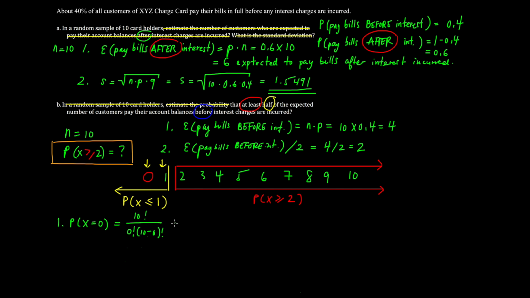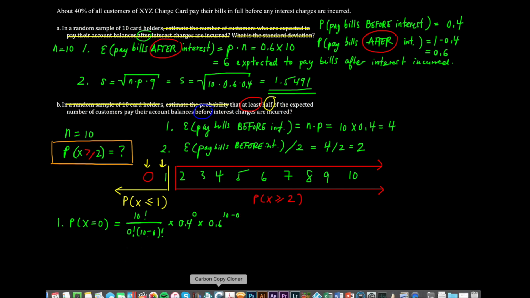Then this is multiplied by the probability of what I'm looking for, my p, my success, which here, because I want the number of customers that pay their accounts before interest, is going to be 0.4, to the power of 0, my x, times my q, which is the complement, 0.6, to the power of 10 minus 0. Okay?